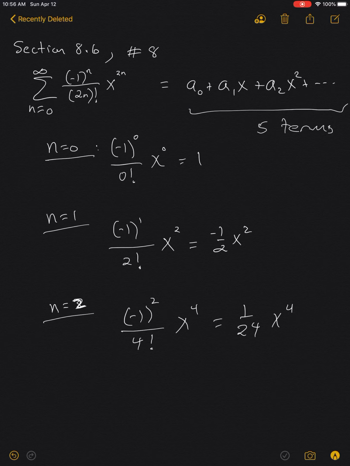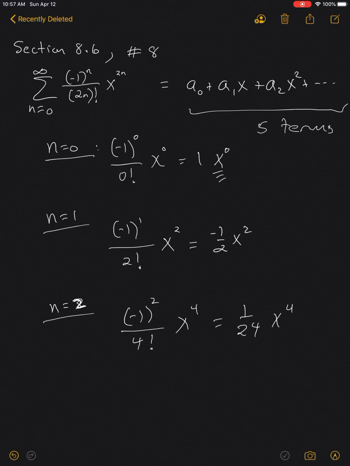And we can kind of start to see what's happening here. We have an x to the 0 that we didn't write up here. So the powers of x are just hitting our even powers. That's to be expected with our formula with x to the 2n. And the coefficients, they're alternating in sign. Again, we expected that with the negative 1 to the n term in our coefficient.